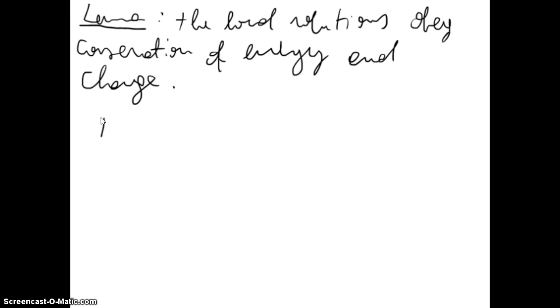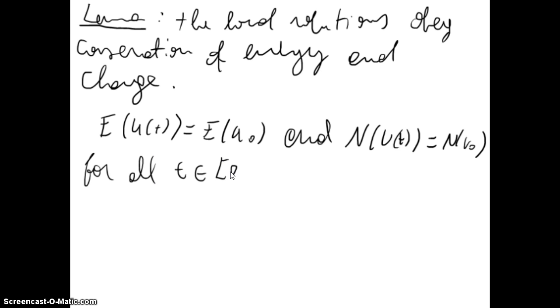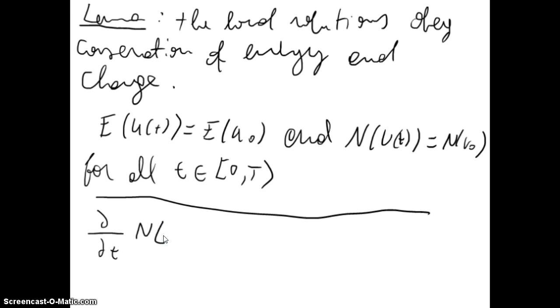This is to say that E(u(t)) is equal to E(u naught), and N(u(t)) will be equal to N(u naught), for all t in the interval. So what we want to prove is that d/dt N(u(t)) equals 0, and the same for E(u(t)).